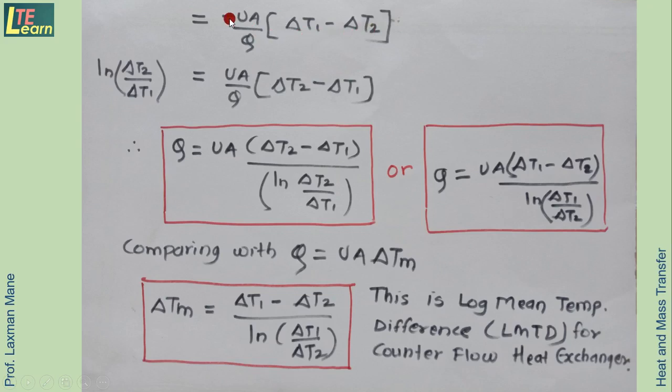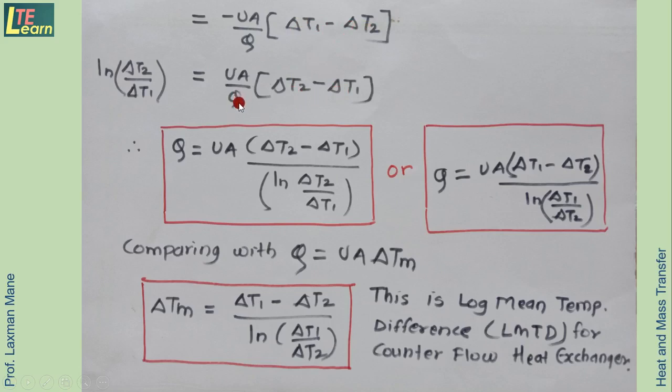Now this minus sign we will take inside. So ln of delta T2 upon delta T1 is equal to UA by Q, inside the bracket, the signs of these terms will change. So delta T2 will become positive, delta T1 will become negative.